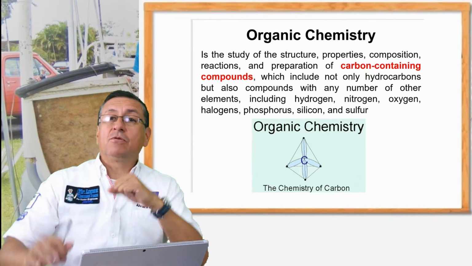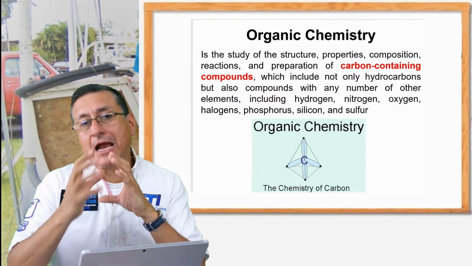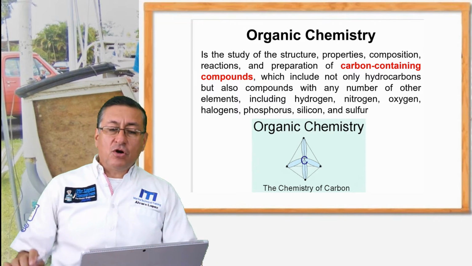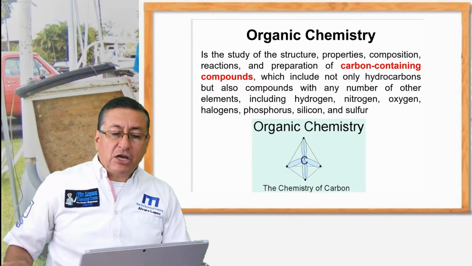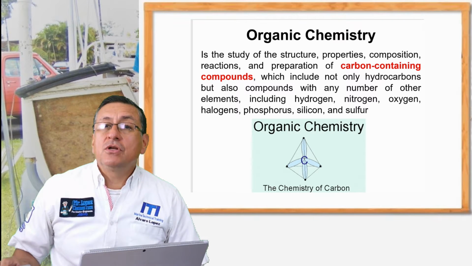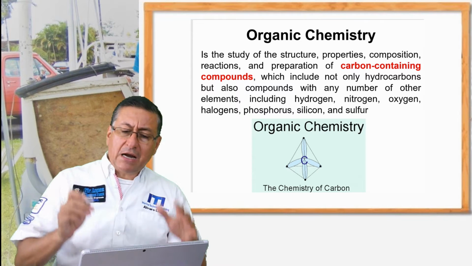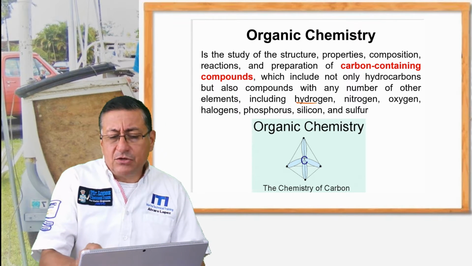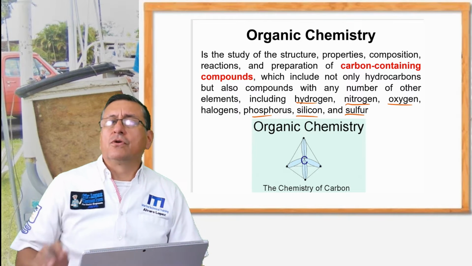And in this particular class, we are going to be analyzing the organic materials. What is the meaning of organic material? It is the study of the structure, the properties, the composition, the reactions, the preparation of carbon-containing compounds. All the compounds with carbon plus other elements like hydrogen, nitrogen, oxygen, phosphorus, silica, and sulfur.